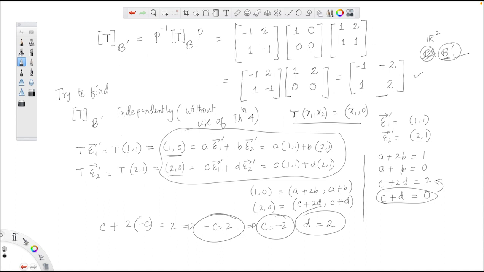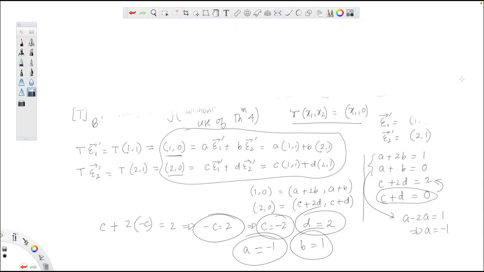Now we see from here that B is equal to minus A, and we have A minus 2A equal to 1, which means A is equal to minus 1. A is equal to minus 1 means B is equal to 1.